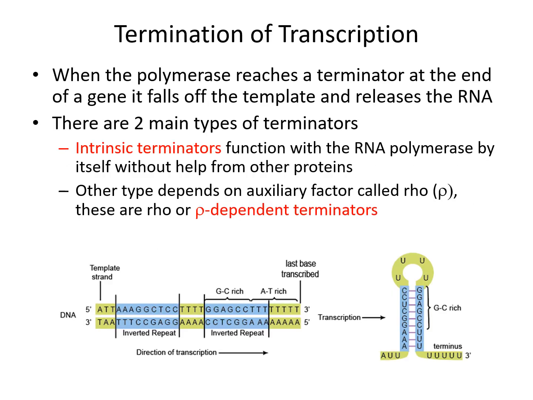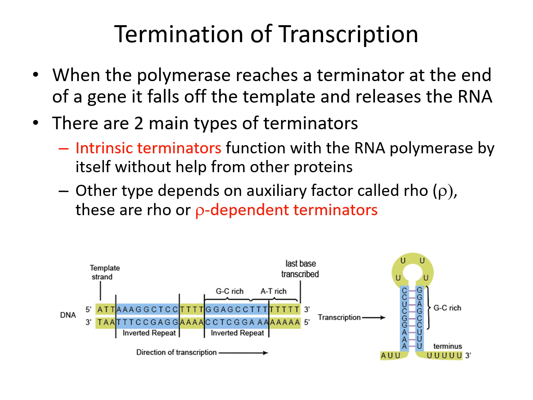After the elongation, finally will be the termination. So when the polymerase reaches the terminator at the end of a gene, it falls off the template and releases the RNA. And there are 2 main types of terminator. One is the intrinsic terminator. Intrinsic terminator basically is the sequence itself.